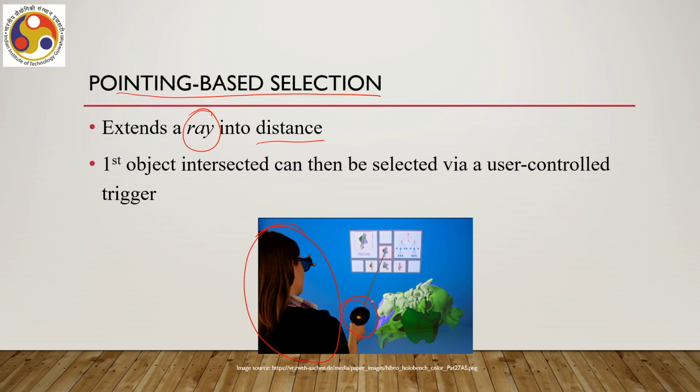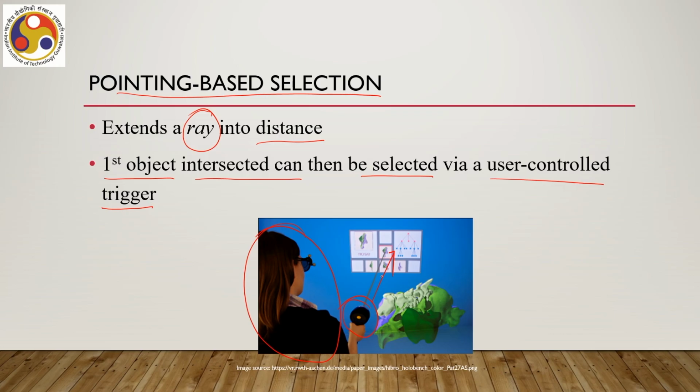The user gets to see a ray extending to the distance, and the first object that is intersected by the ray can then be selected via a user controlled trigger, which is part of the controlling device or controller device.